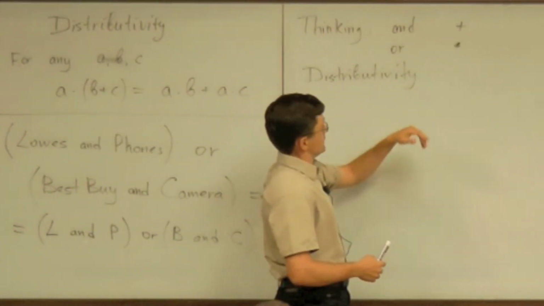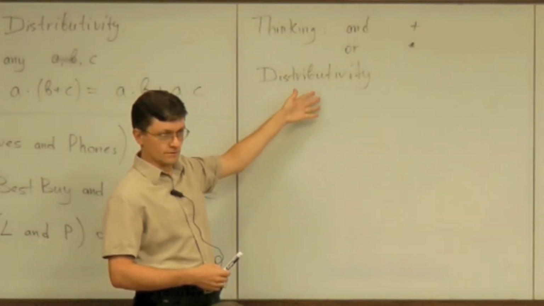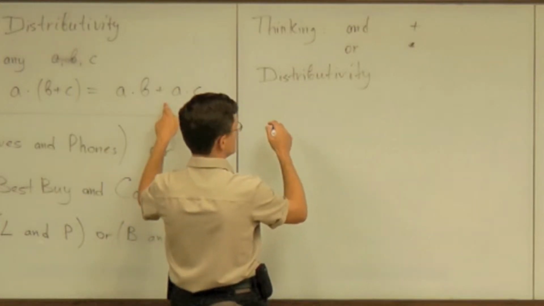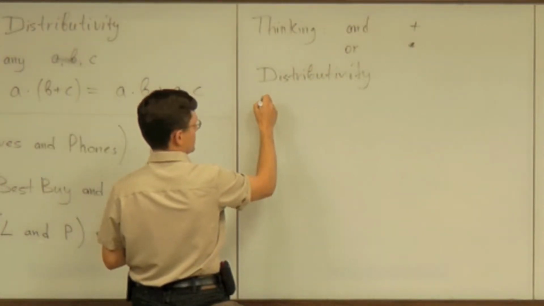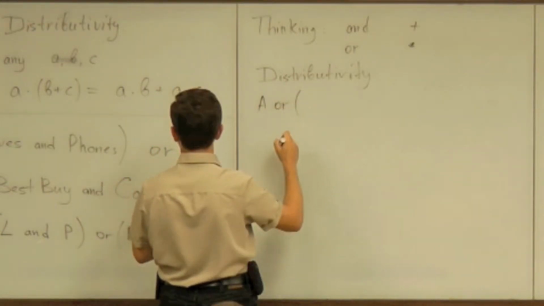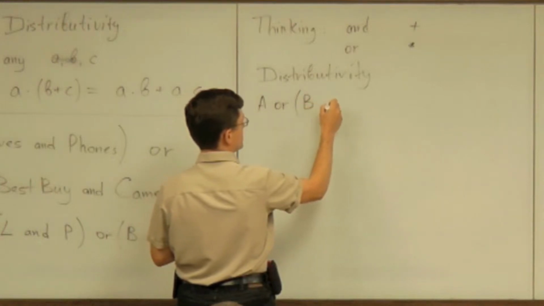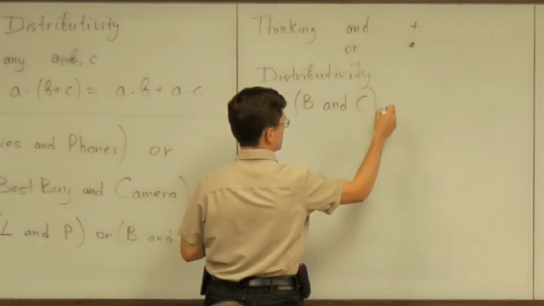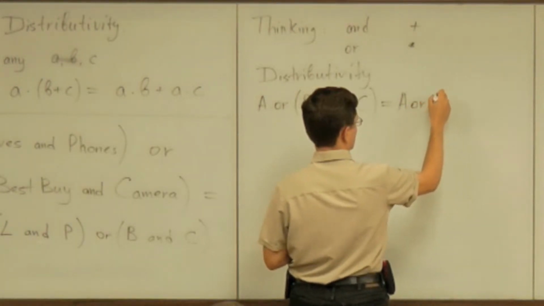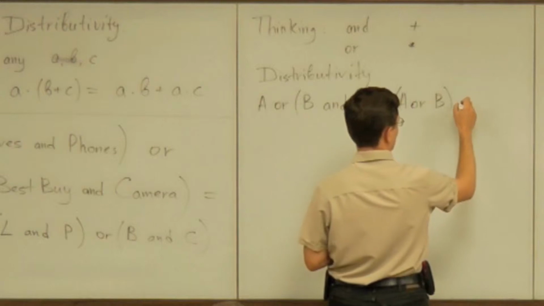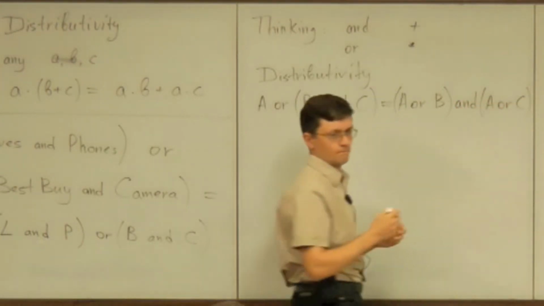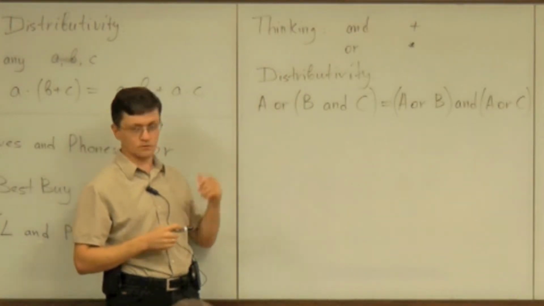Okay, let me check this way of thinking. Is that legal? So what distributivity means in this language is A or B and C should be equal to A or B and A or C. Now, is that true?